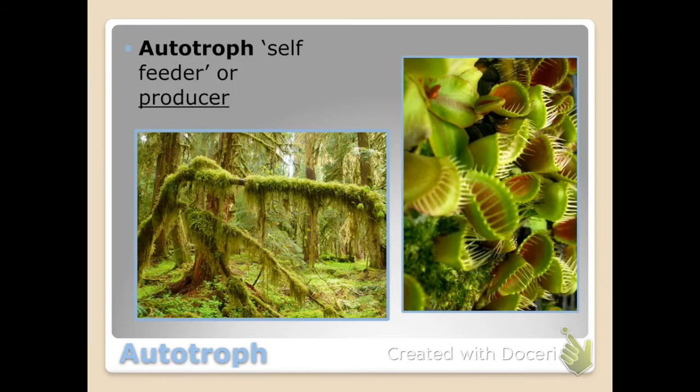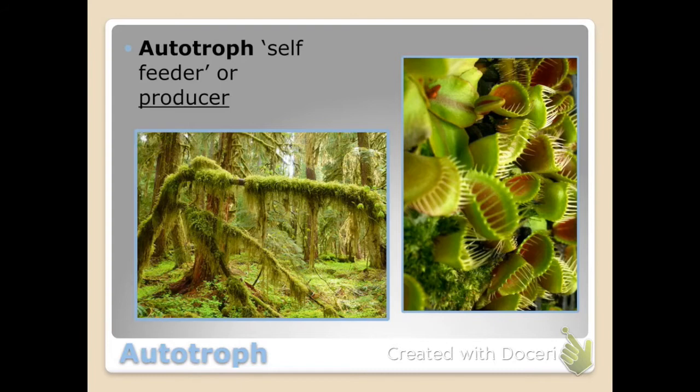In ecosystems, there's basically two categories of nutrition. The first category of nutrition, or mode of nutrition, is called an autotroph. An autotroph is a self-feeder or a producer, and for the most part we'll refer to it as a producer. But a self-feeder or producer is, in general, a green plant or something that's able to feed itself through photosynthesis.